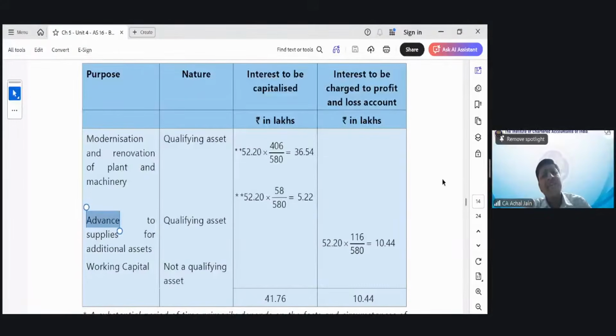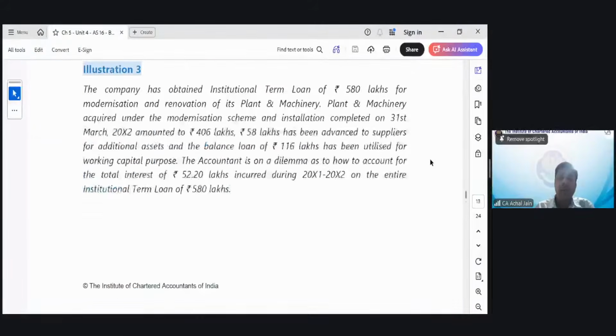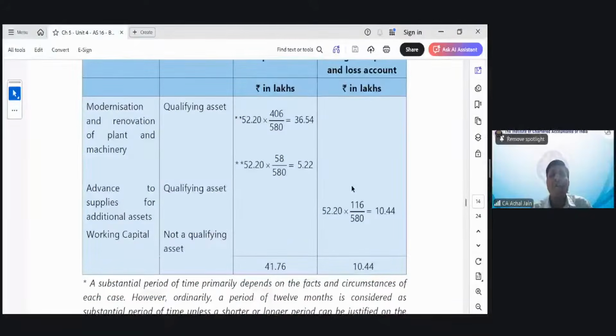There again you will apply a similar approach, computing on a proportionate basis, for which all the amounts are given to us. It's clearly specified what the amount towards renovation of plant and machinery is, and what the amount towards advances for additional assets is. Everyone clear on this? Any questions? Any doubts if you have?